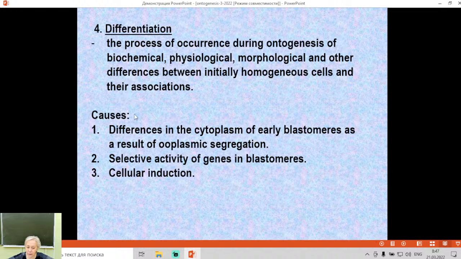So again, three reasons of differentiation: difference in the cytoplasm of early blastomeres as a result of ooplasmic segregation, selective activity of genes in blastomeres, and cellular induction.